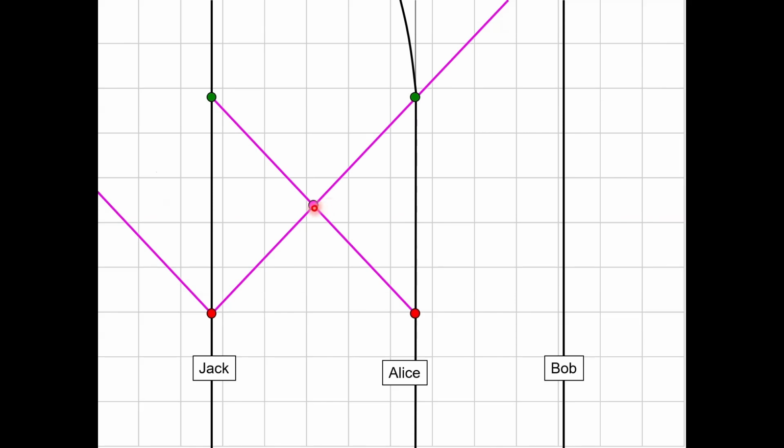So if we look at this point over here, it is affected by two fields. One is created by the electrical charge of Jack at this point, and one field is created by the electrical charge of Alice at this point. And the process is the same.